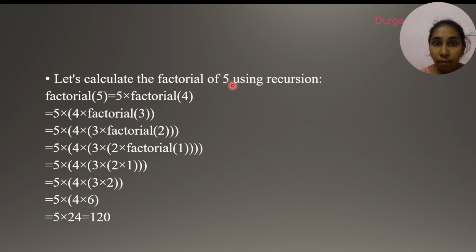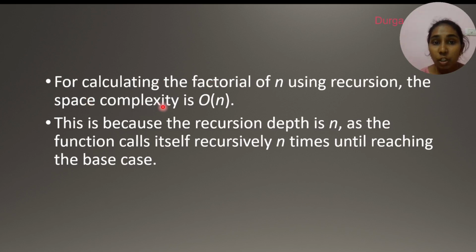If it is 5, it calls the function 5 times. If it is 10, it will call the function 10 times. Based on the input value, the memory is increasing, so that's why the space complexity is order of n.